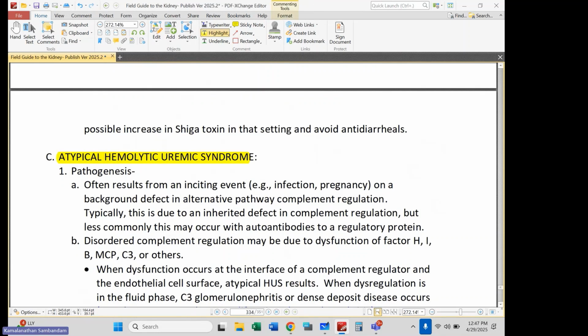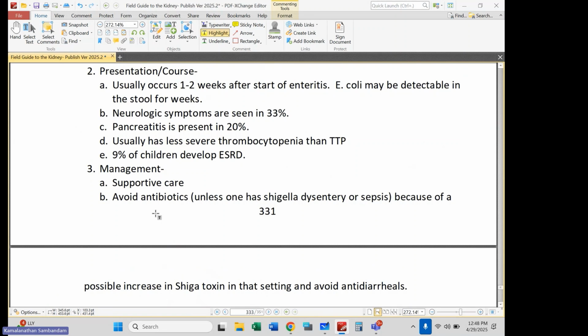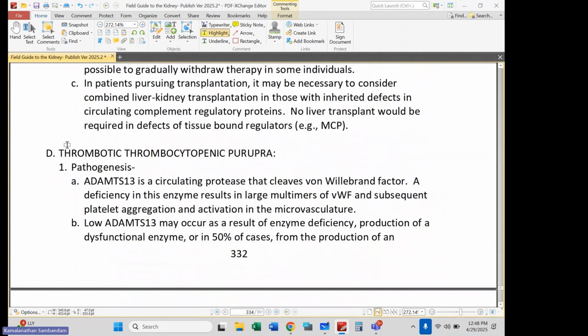Then we're talking about atypical HUS, which, by the way, we will further elucidate as we talk about disordered complement when we talk about MPGN. MPGN, which will be Friday, is another condition in which disordered complement underpins its pathogenesis in many cases. Okay, so typical HUS, atypical HUS, and then TTP as another one.